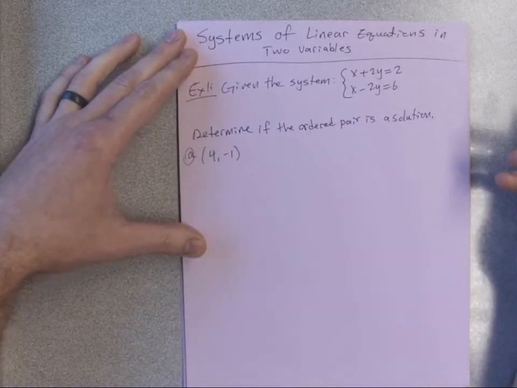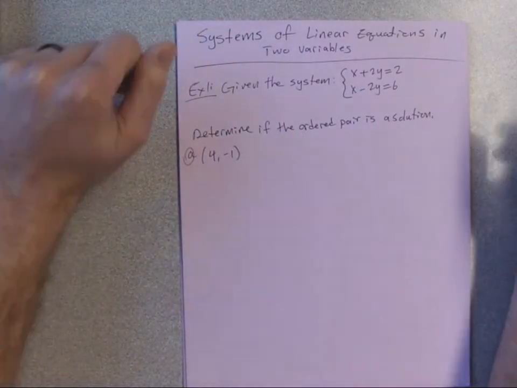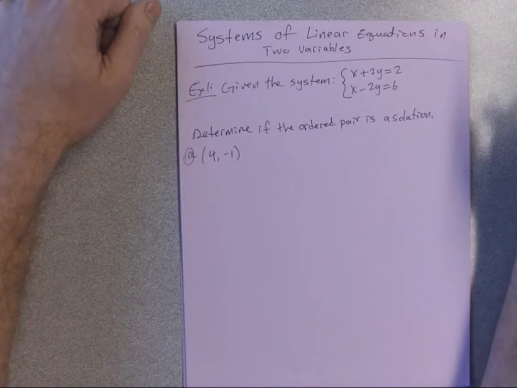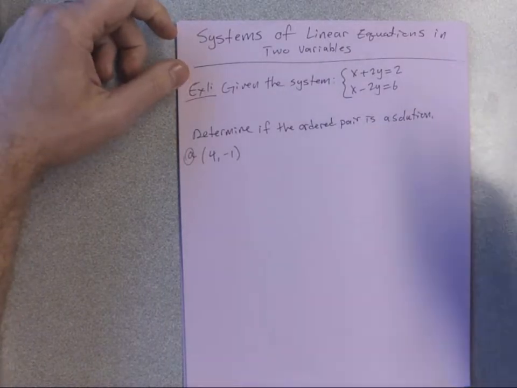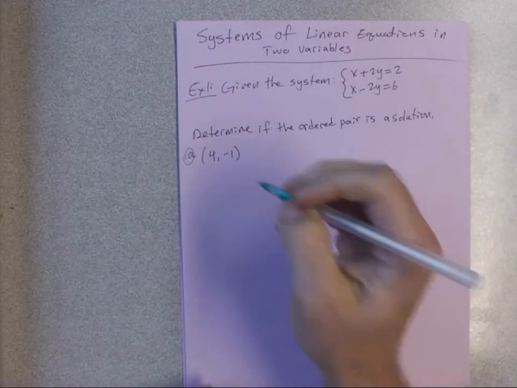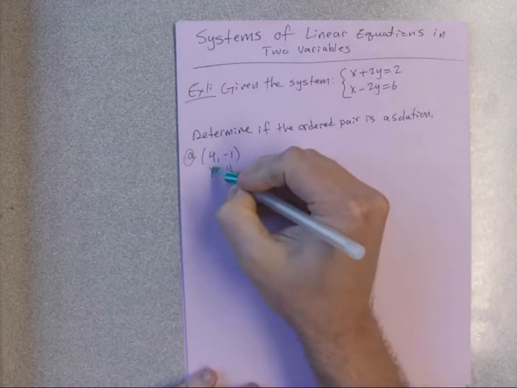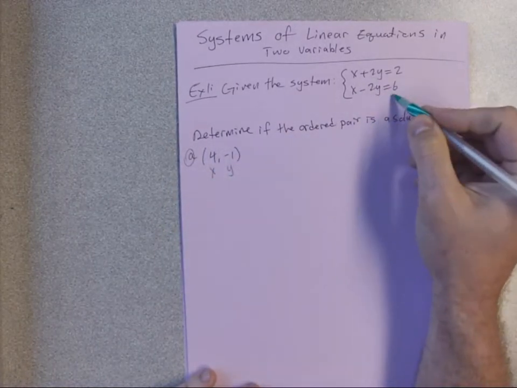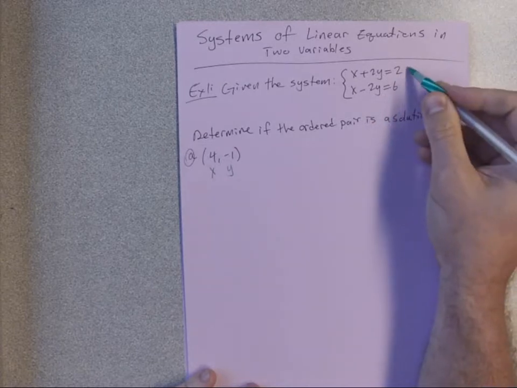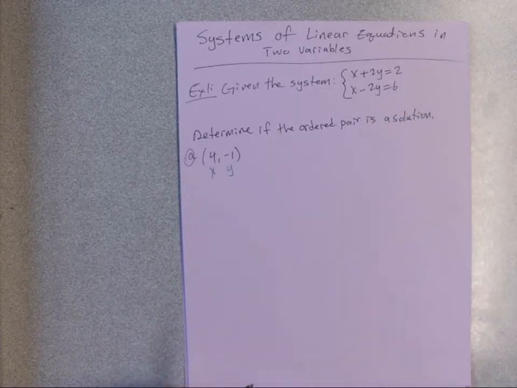And then we're going to look at part B also, and we're going to determine if that is a solution. So the way you do this is, this is your x value, and this is your y value. And you simply plug this x and this y into both of these equations, and you want to see if this one equals 2 and if this one equals 6.